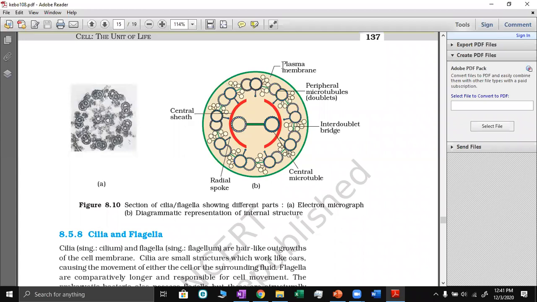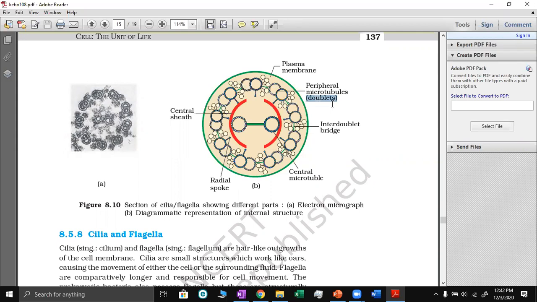This green line is the plasma membrane. The cilia and flagella are covered by a membranous layer. So this is plasma membrane. There are peripheral microtubules. They are two, one pair you can see. That's why they are called doublet.